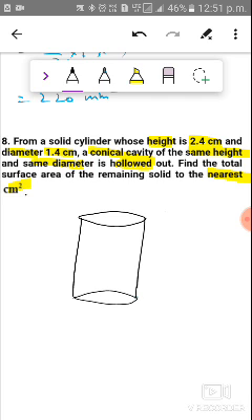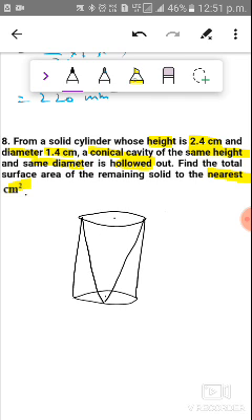From this cylinder we have hollowed out a conical cavity. So this type of conical cavity is hollowed out, okay.